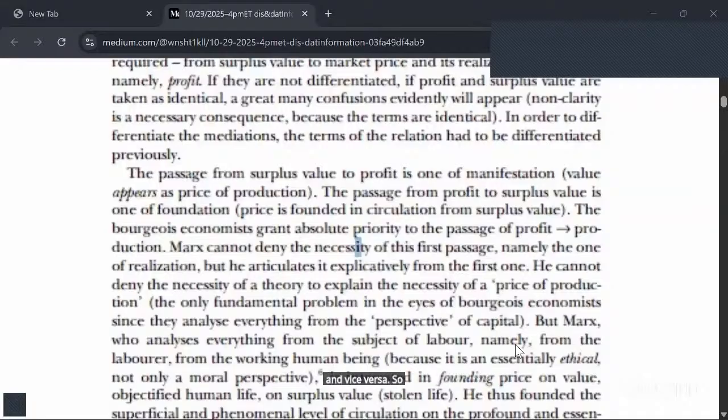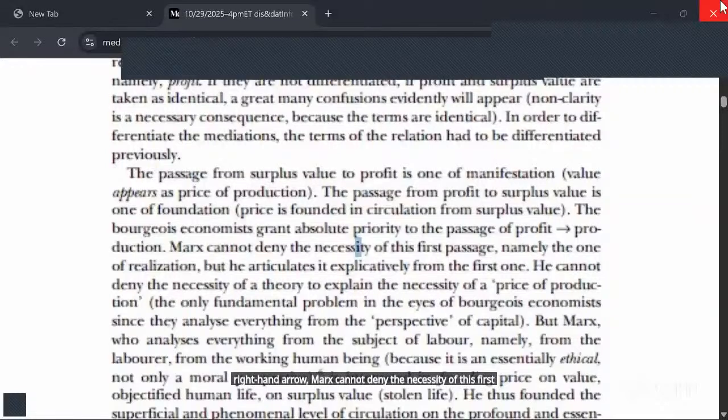So the bourgeois economists grant absolute priority to the passage of profit to production, profit arrow production, right-hand arrow. Marx cannot deny the necessity of this first passage, namely the one of realization, but he articulates it explicatively from the first one.